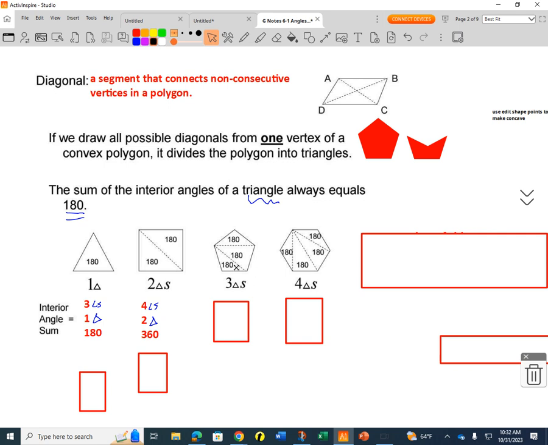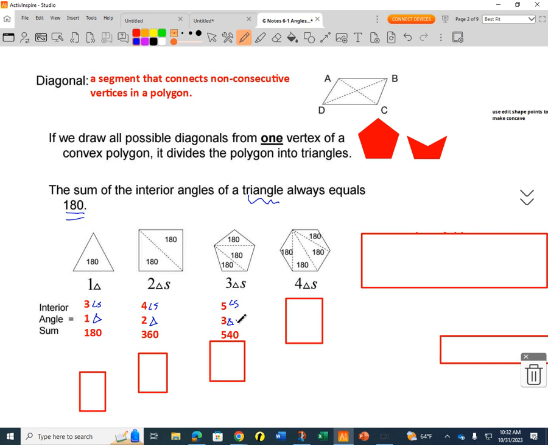So here, hopefully we're seeing a bit of a pattern. There's 5 sides or 5 angles. That's going to create 3 triangles with the diagonals from 1 vertex. 5 angles, 3 triangles.